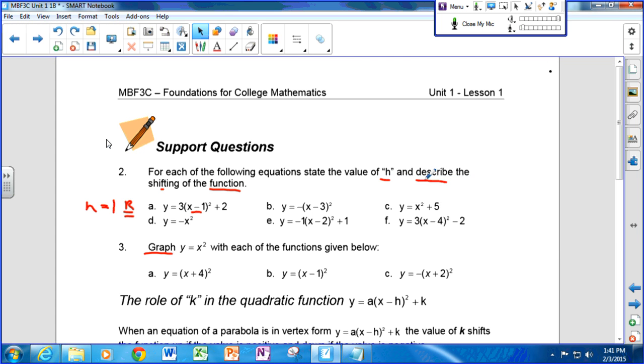Okay. So if the h value, all right, let's try it again. They define the h value as just the number, and it comes with its own sign. But if you see it like this one right here, let's take a look at 2b.